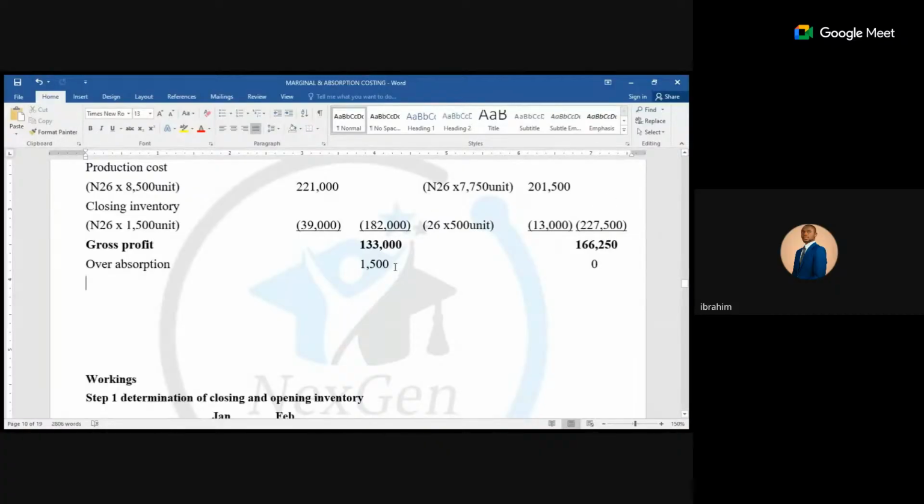So what is the total income, class? 134,500. Total income, 100 and what? 134,500.